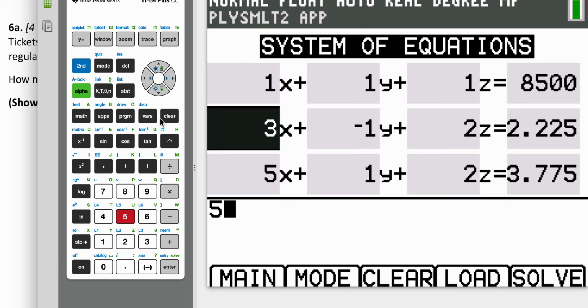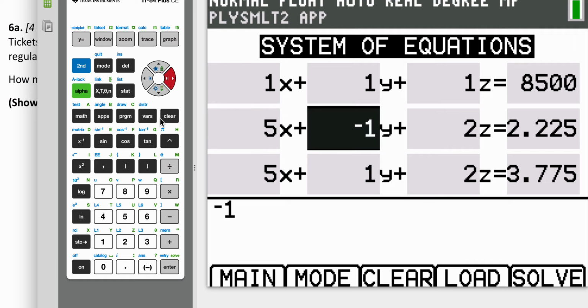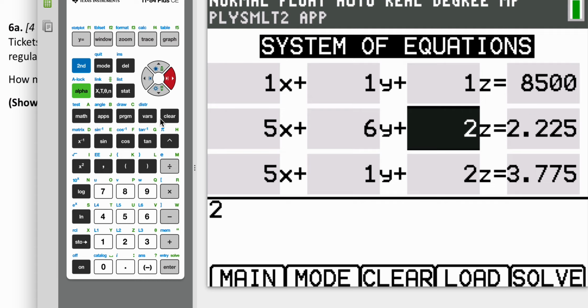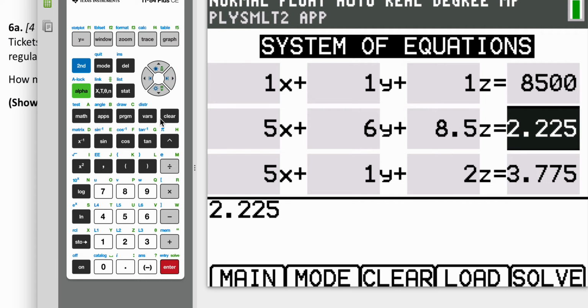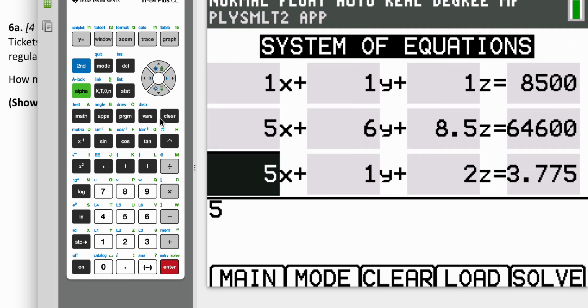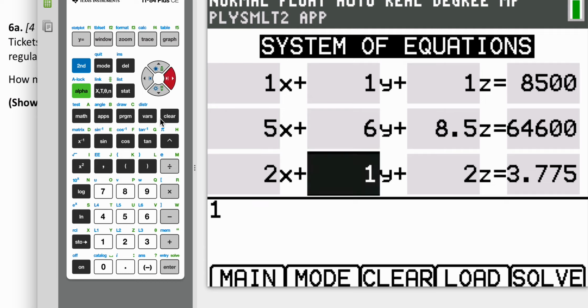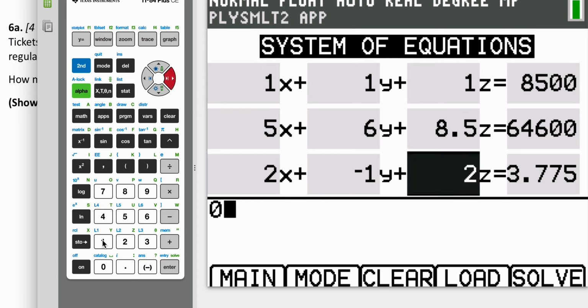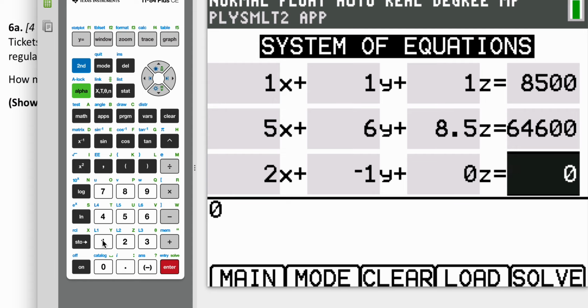The next one, I have 5E and 6S, and then I have 8.5R, and that equals my profit, which was 64,600. And then the last one, I have 2E, I have minus 1S, I have 0Z, and that equals 0.